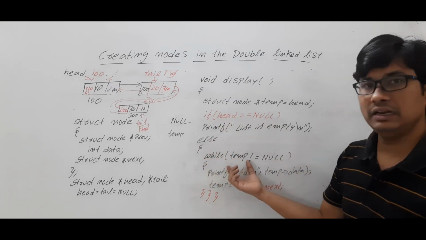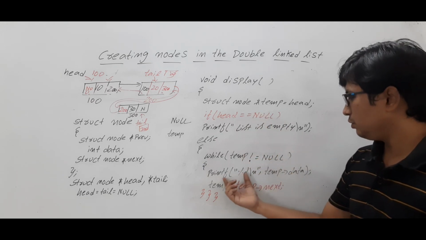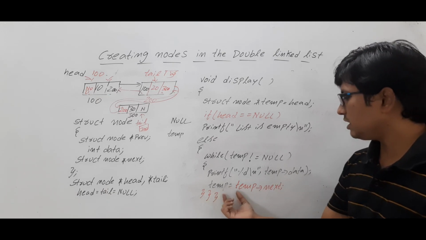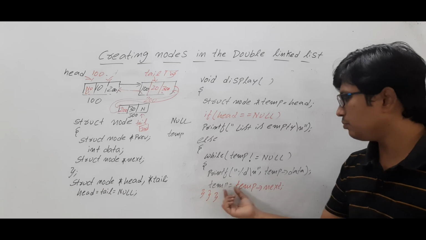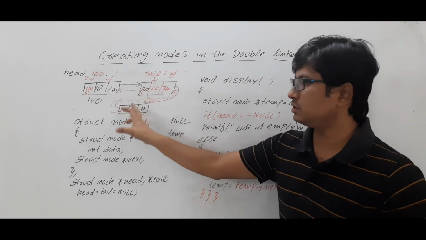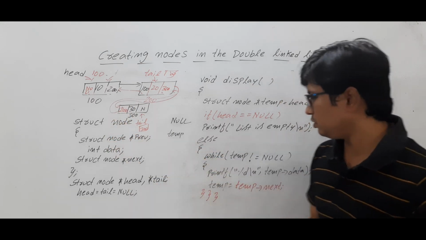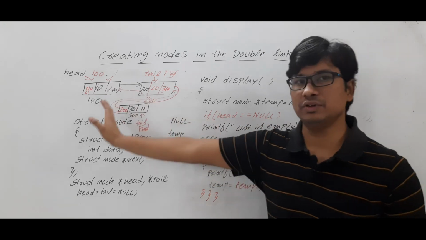Else, while temp not equal to null, you write printf %d temp of data. Here, in place of temp is equal to temp of next, you write temp is equal to temp of previous, because from this node you have to go to this node. This is the previous one. So accordingly you can modify. Is it clear? That is how to display in reverse order.